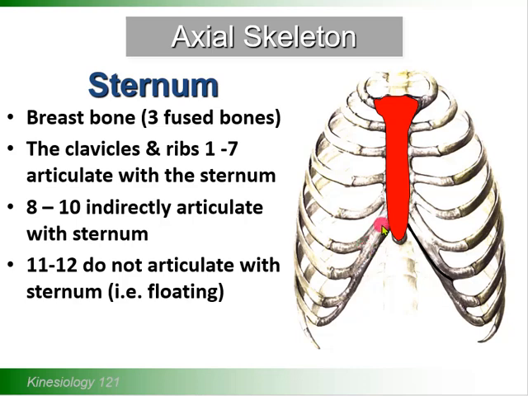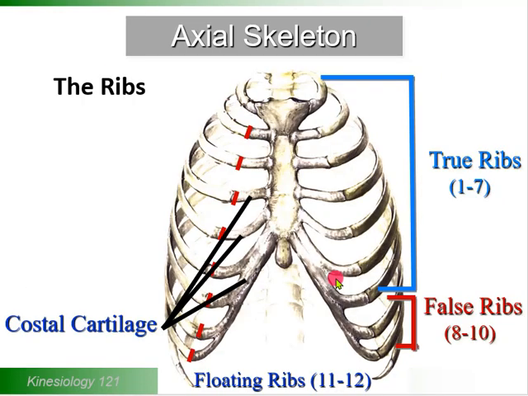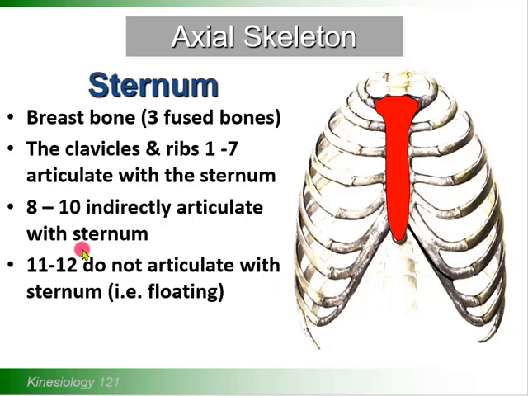So 8, 9 and 10, these are atypical or we can say false ribs, which unite indirectly and articulate with the sternum, while 11 and 12 ribs do not articulate with the sternum. That's why they are called floating ribs.